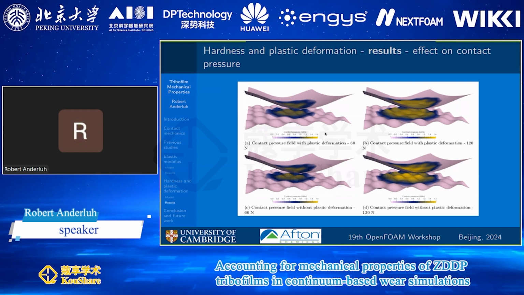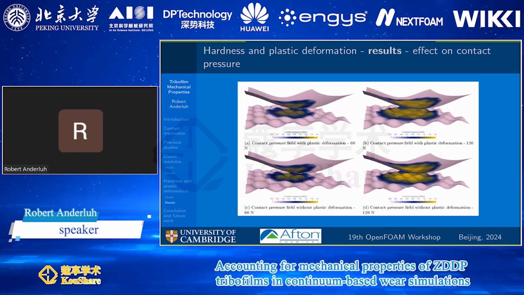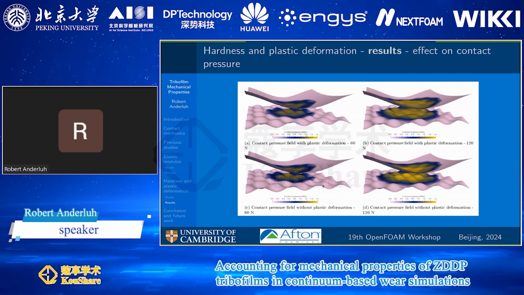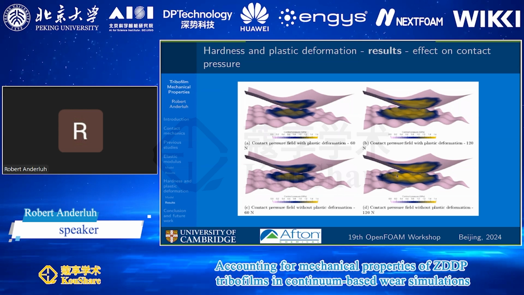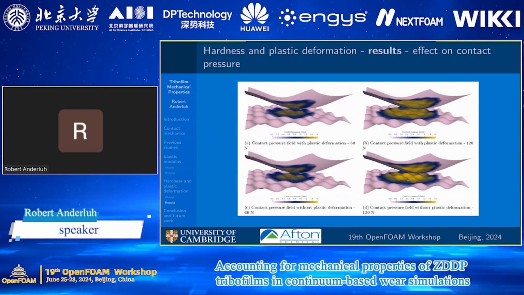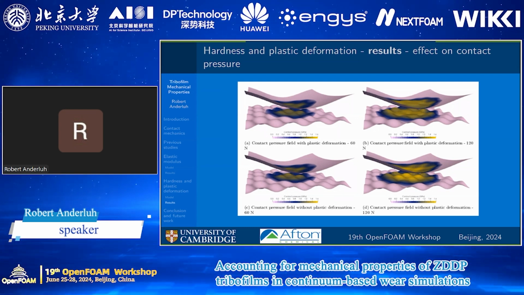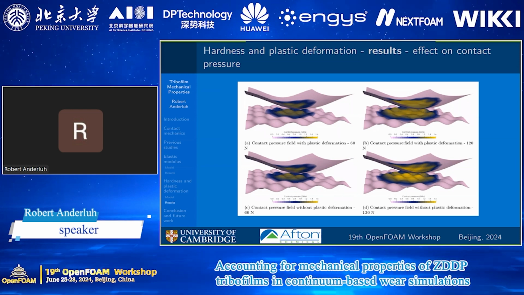Here on the left side, we see a lower load. On the right side, we see a higher load. On the top is with plastic deformation, and on the bottom is without plastic deformation. The results at the bottom have a higher, more intense yellow, which tells us that there is a higher pressure, and this is of the order of 10 to 20%.